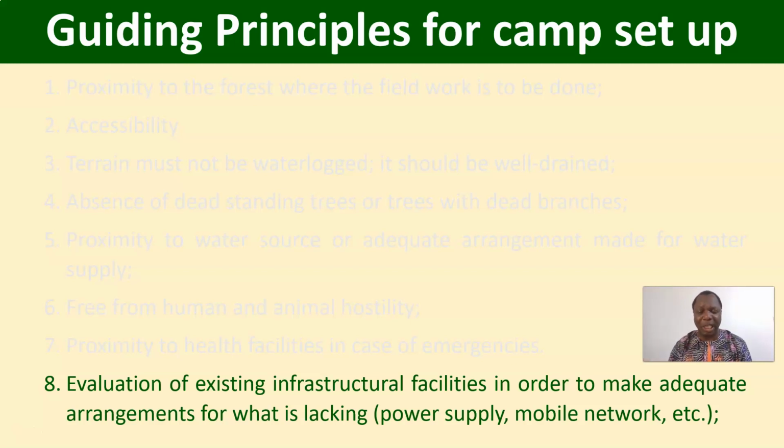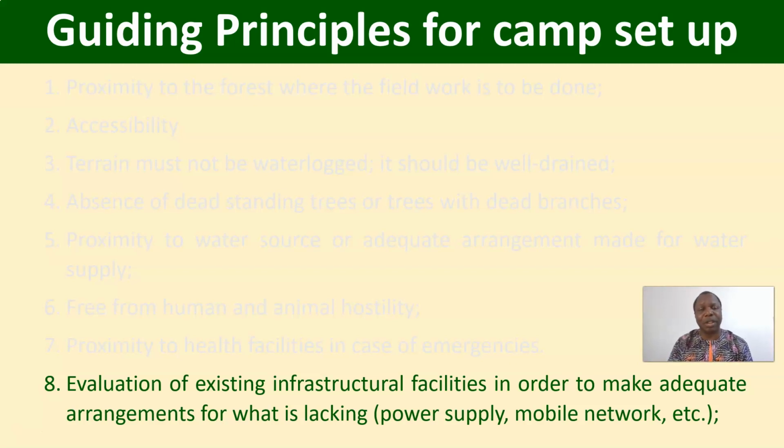Because you need a generator as a source of power supply if there is no electricity there, so that you can have light to charge your phones, your laptops, your data gadgets, and other electronic devices, and also to provide light at night in the camp, because at night in the camp you definitely need light for your review meetings.